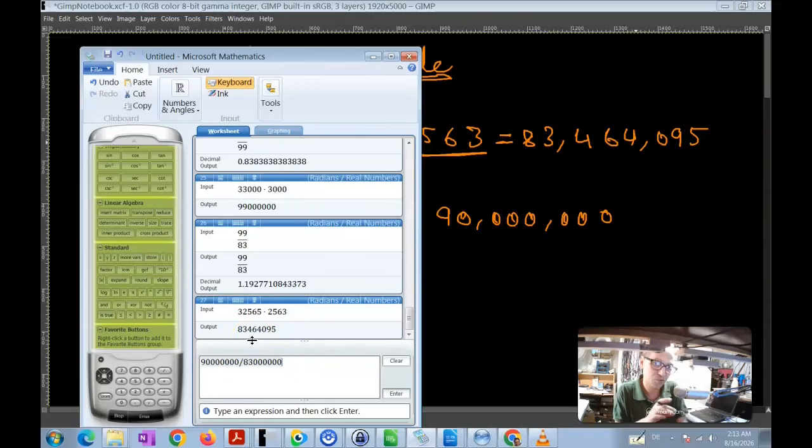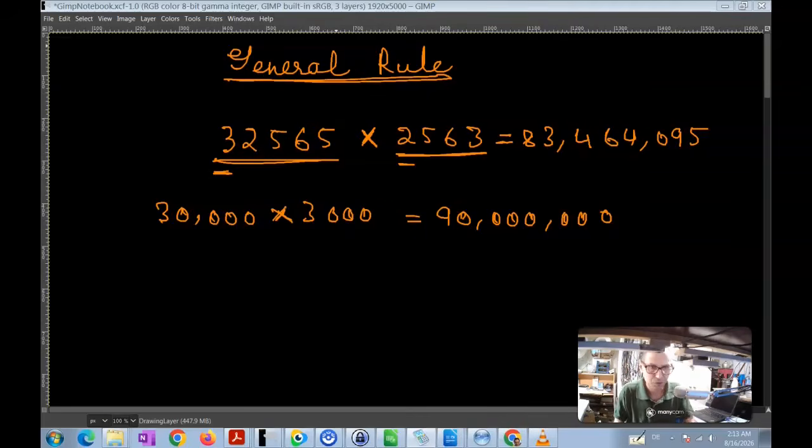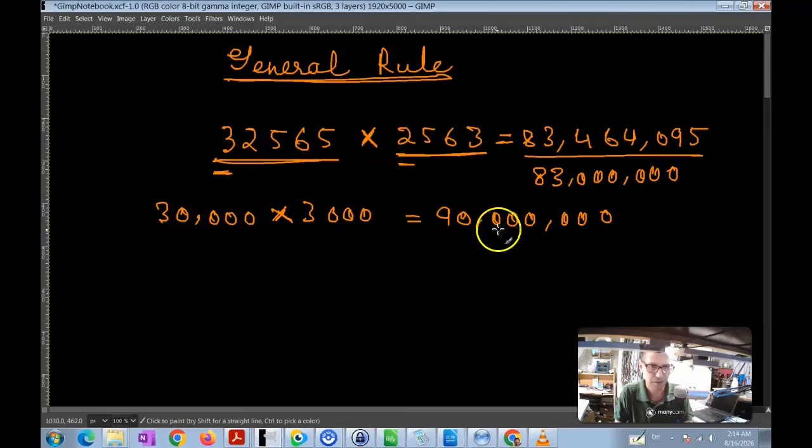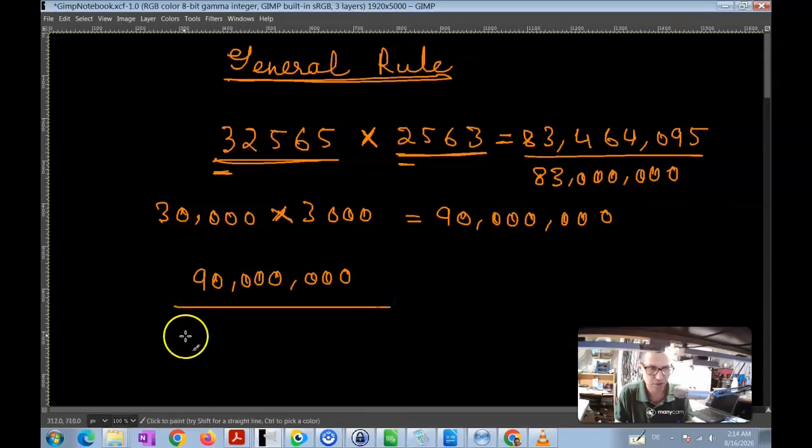But you don't have to write out all of these zeros over here, and the reason is that, if I take this number simply as 83 million, so I have 6 zeros over here, and I want to divide this 90 million by 83 million, right?